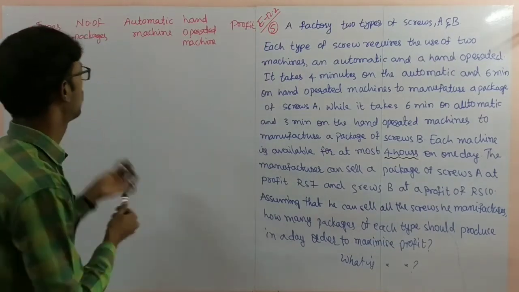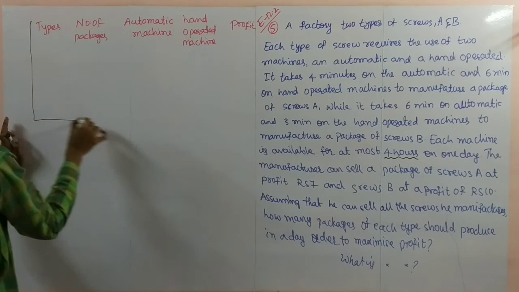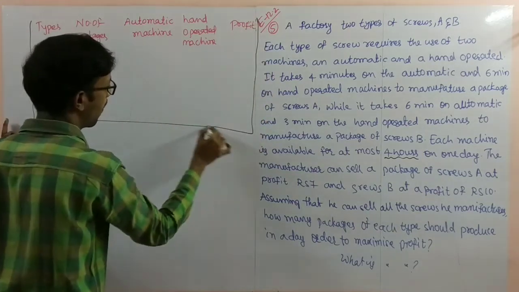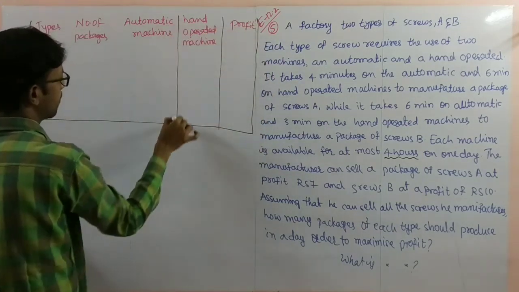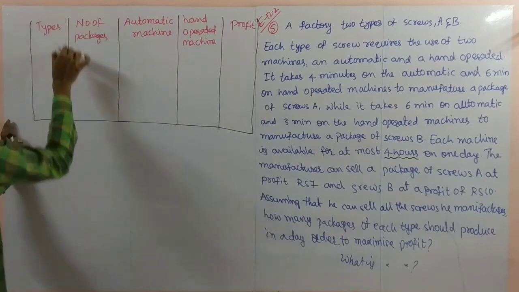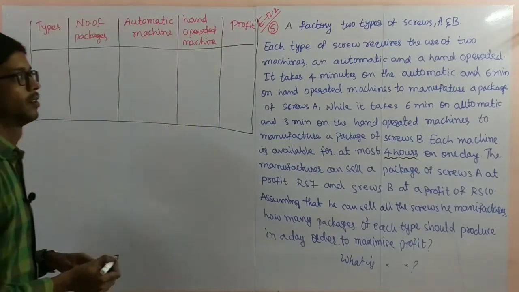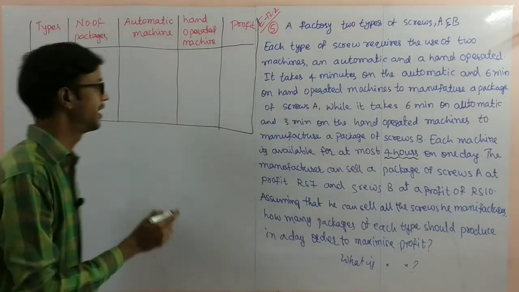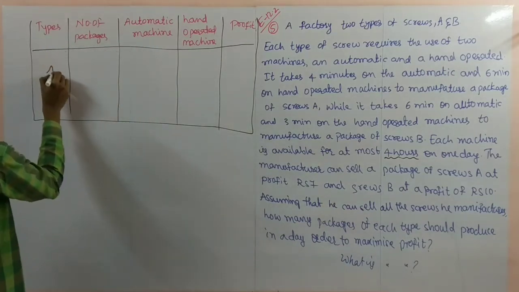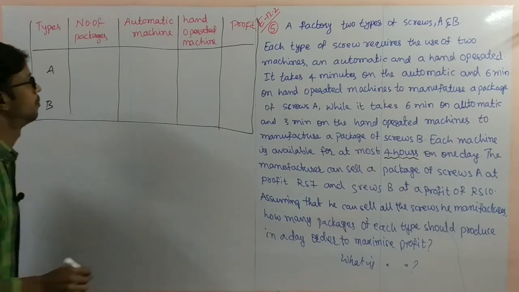So now you have to take this total as a table. Types: screw A and screw B. Types of screws A and screws B.